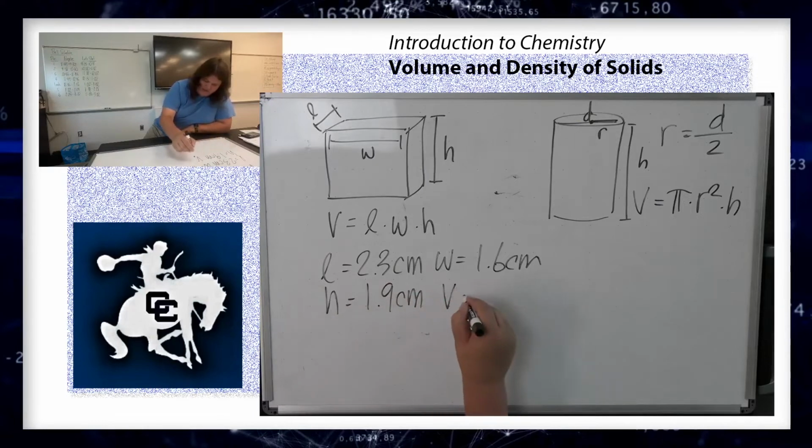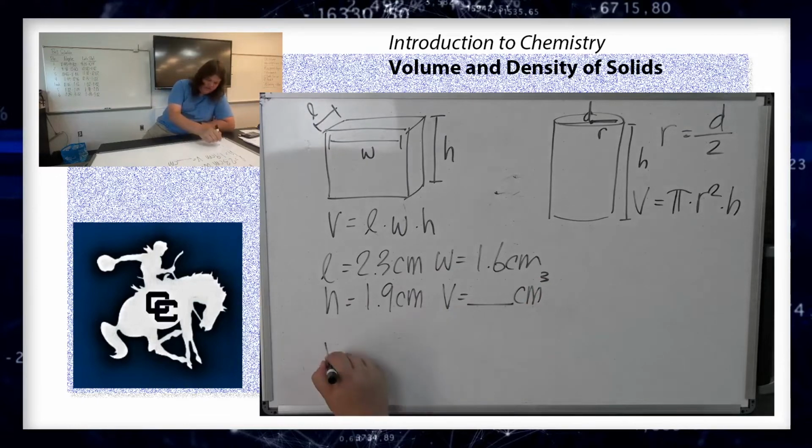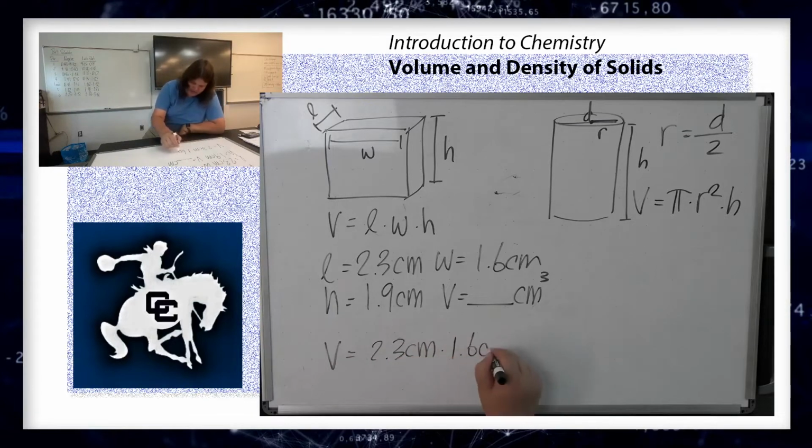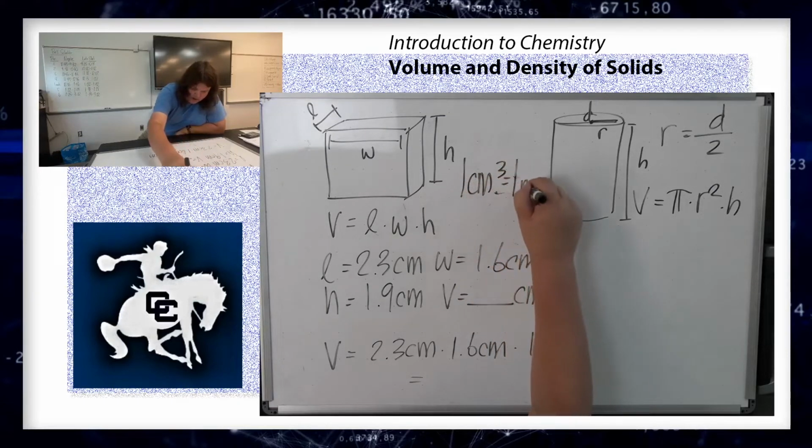If I want to find the volume of the cube, I can find that volume by multiplying the different values together. To find the volume, I take my 2.3 centimeters, I multiply it by my 1.6 centimeters, and I also multiply it by my 1.9 centimeters. Note that 1 centimeter cubed is equal to 1 milliliter.